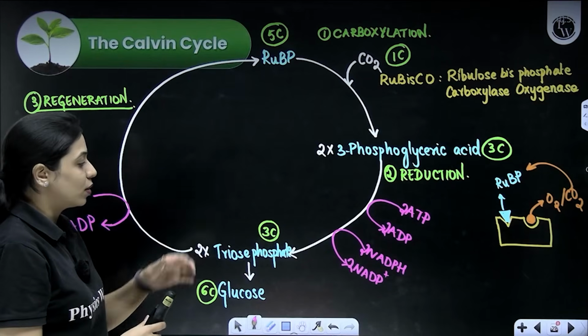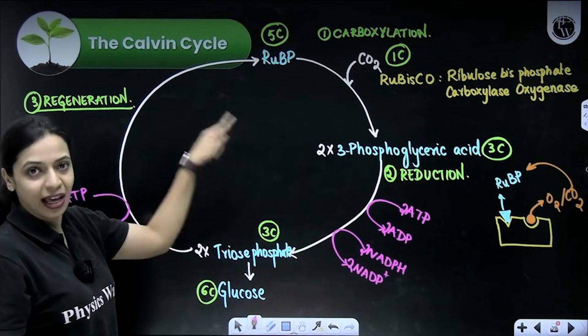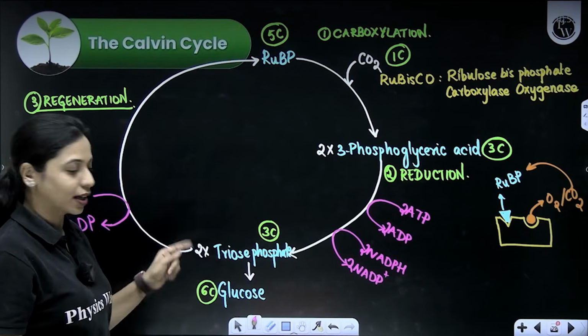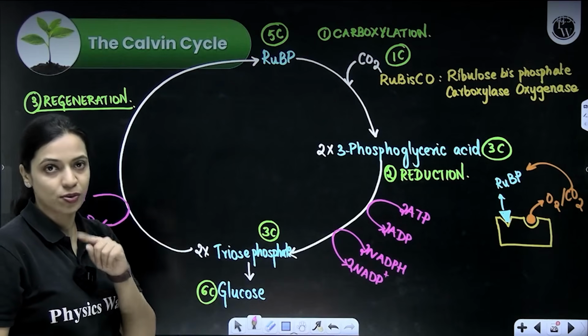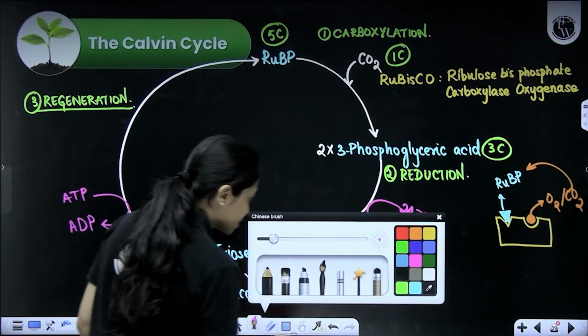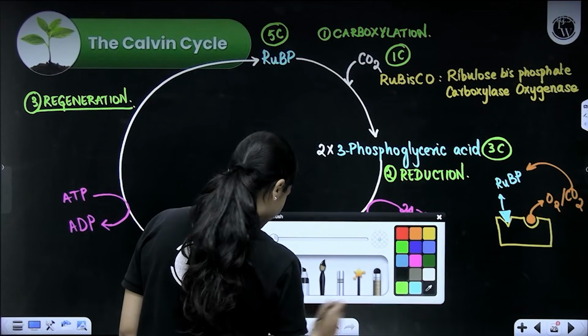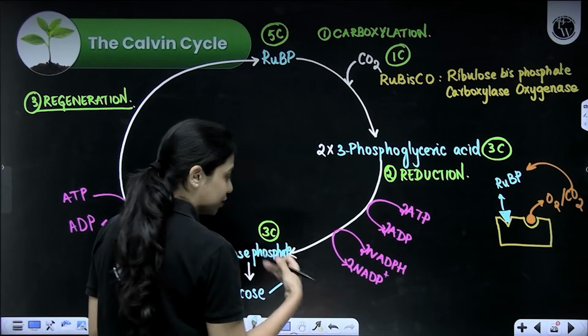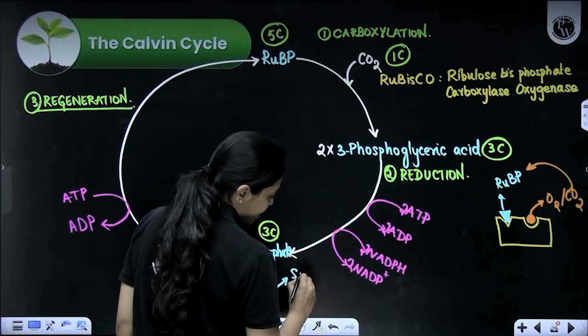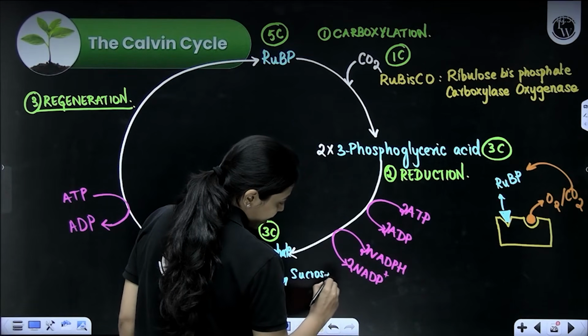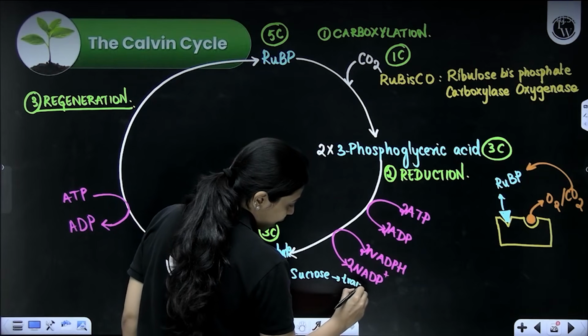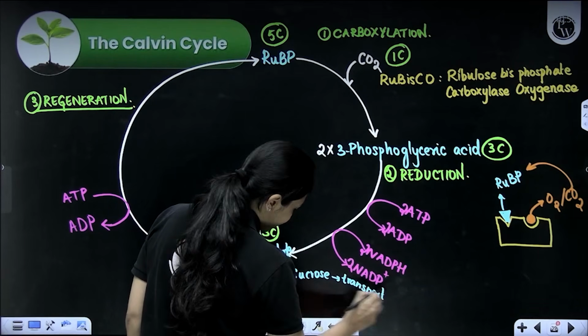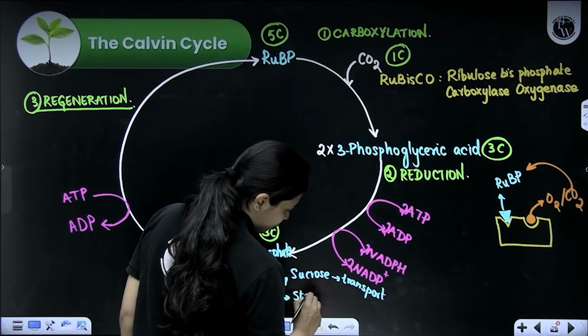So, 6 turns of Calvin cycle will help us get 1 glucose molecule. And this glucose can either be utilized in the synthesis of sucrose in case it has to be transported somewhere within the plant, or it can be stored in the form of starch.